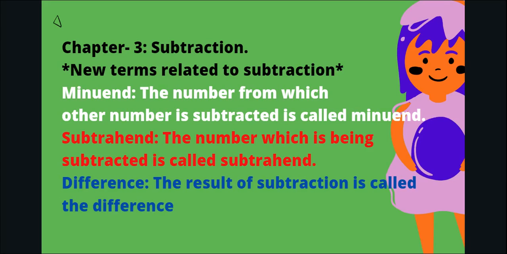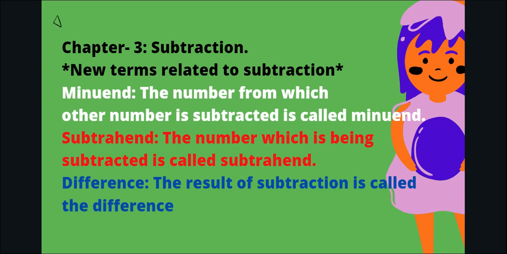Minuend: the number from which other number is subtracted is called minuend. Subtrahend: the number which is being subtracted is called subtrahend. Difference: the result of subtraction is called difference.